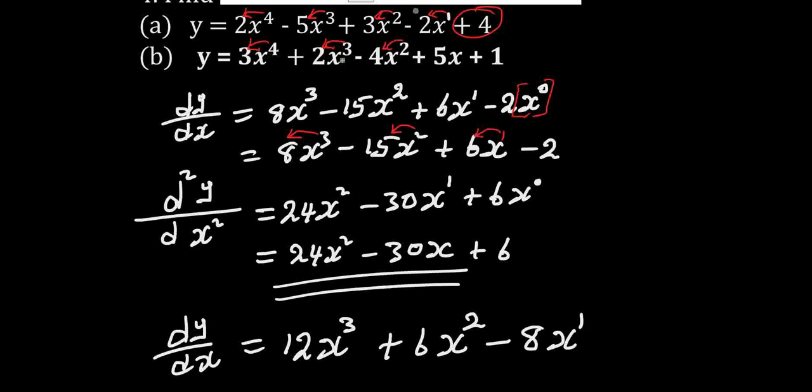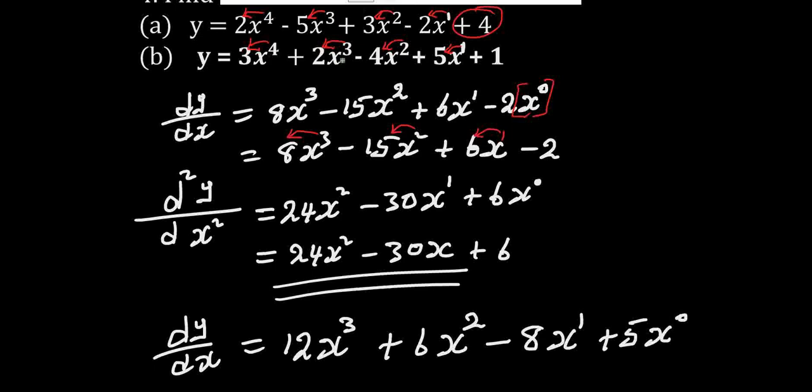And this x has an exponent of 1, so we can simply use this 1 to multiply 5, and that will give us plus 5x. So reduce 1 by 1, that gives you 0.